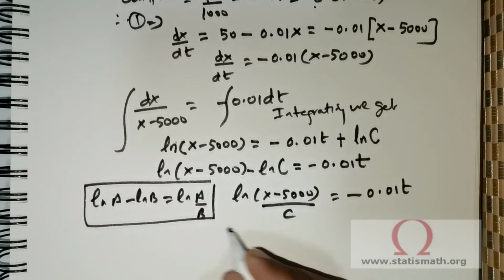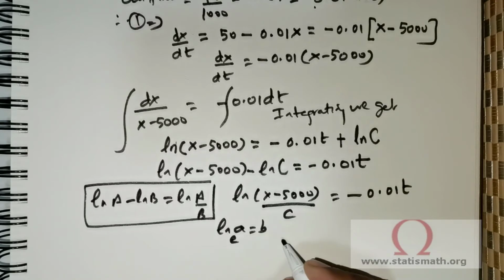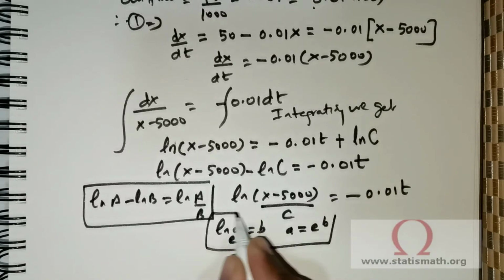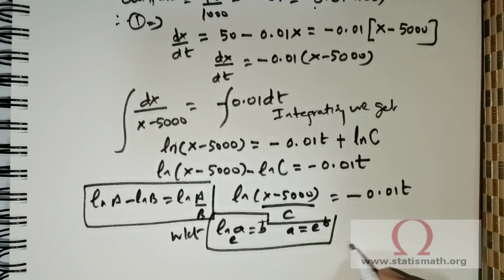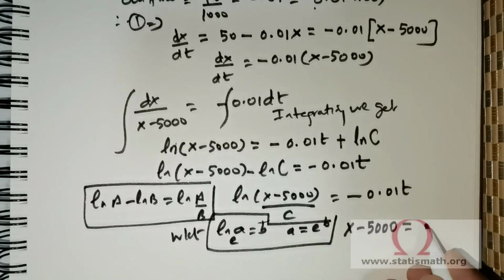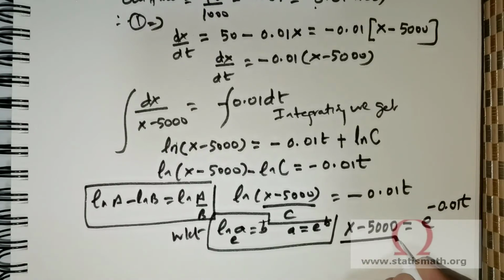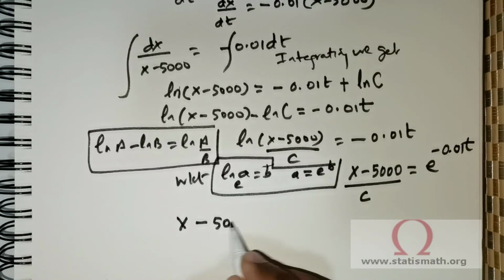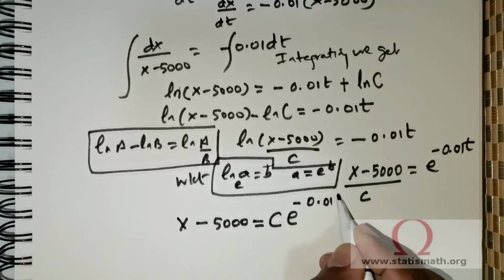Now there is the formula: ln a is equal to b, with base e, can be rewritten as a is equal to e raised to the power b. Because we know this, it can be rewritten as (x minus 5000) divided by c is equal to e raised to the power negative 0.01 t. Simplifying further, x minus 5000 is equal to c times e raised to the power negative 0.01 t.